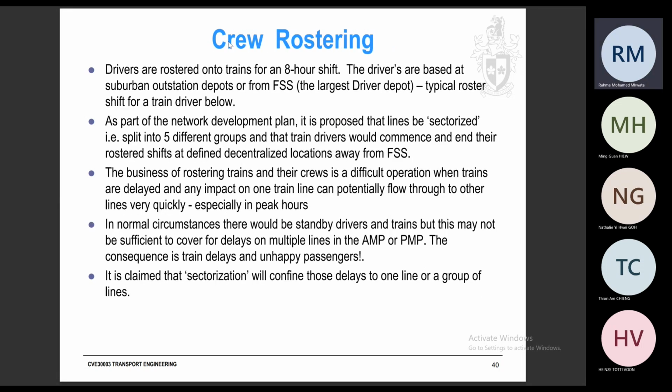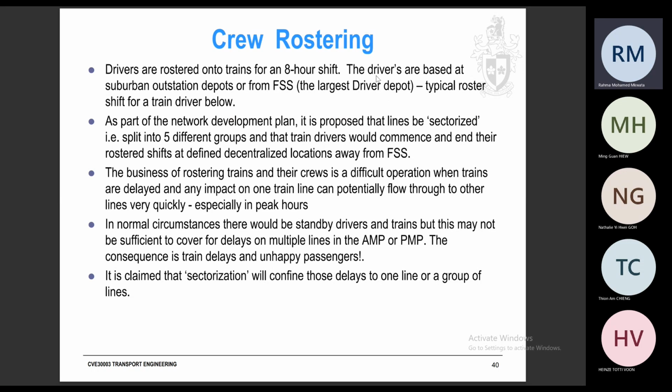and eventually transferred into crew rostering to see who is on duty. So drivers will be put into a roster of 8-hour shifts. They may start at 5:30 or 6, and they work 8 hours. Then they change to a new driver. So one thing actually leads to another.